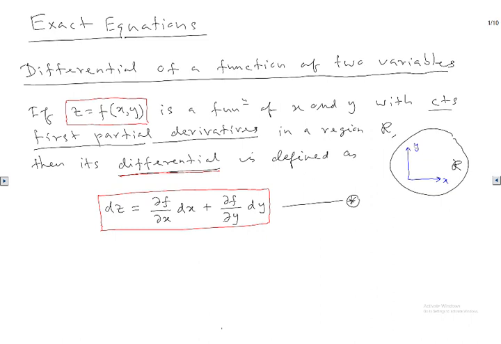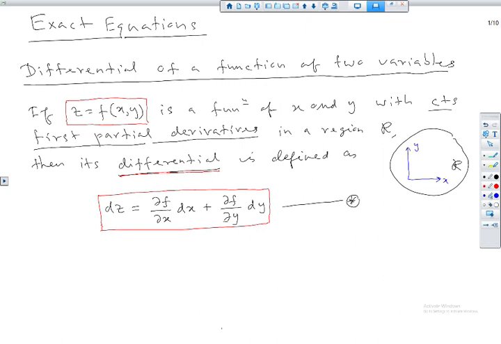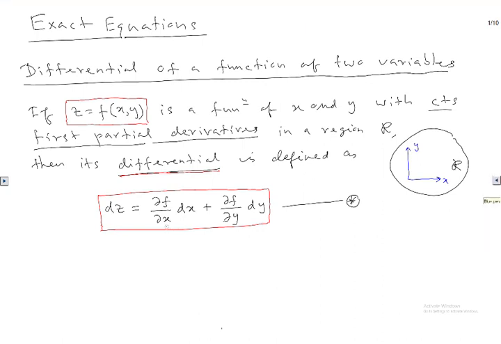So the differential of z equals ∂f/∂x times dx plus ∂f/∂y dy. These are partial derivatives. It's not d, it's ∂, but it's a partial derivative.